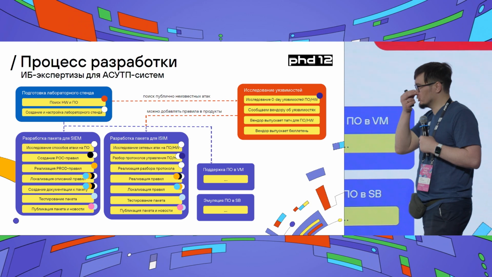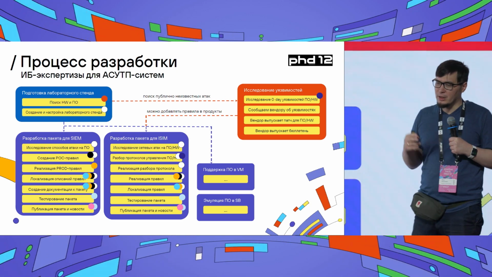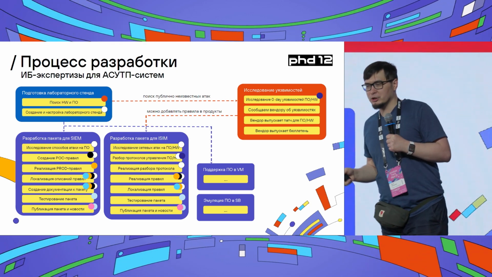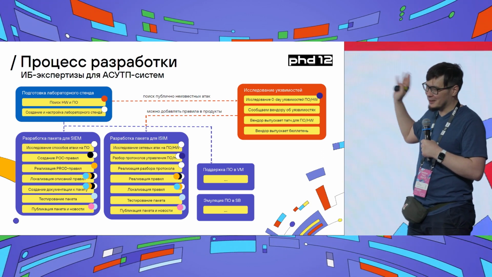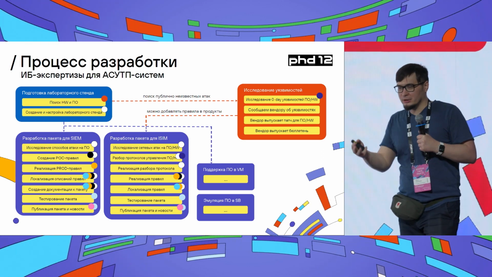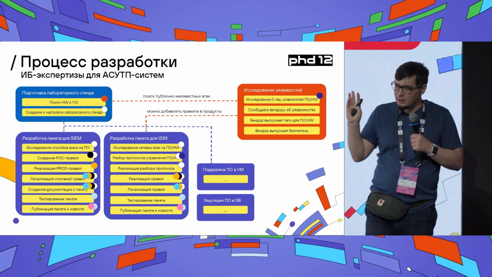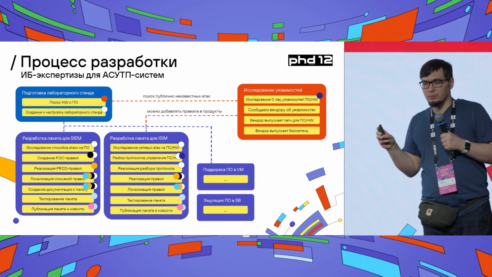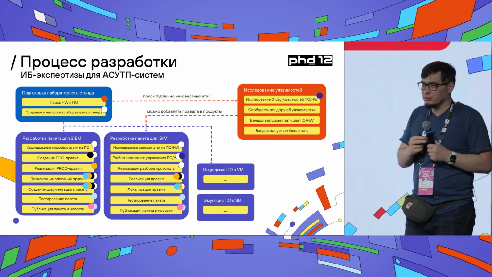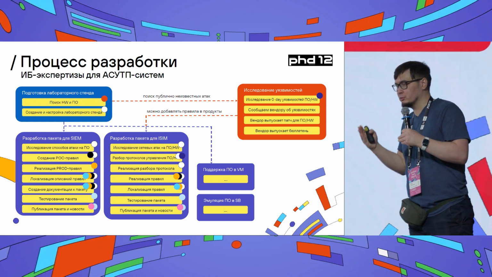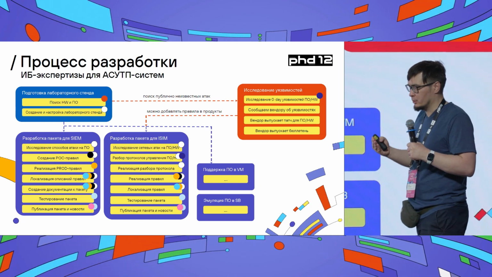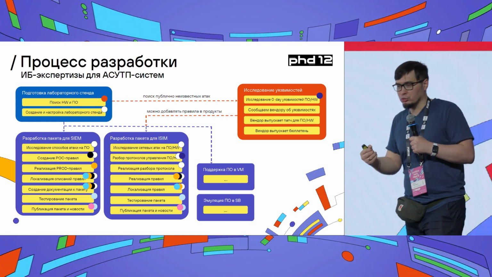Now, let us look at it from a different angle. This is the way the process looks like. I'm not going to talk about different blocks. The dark blue, light blue, and the orange are different. Cybersecurity expertise for ICS systems. We have to learn about the system.